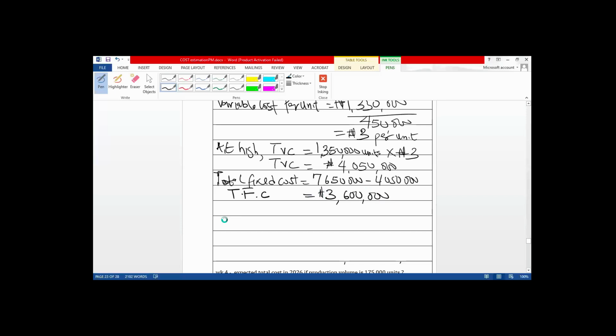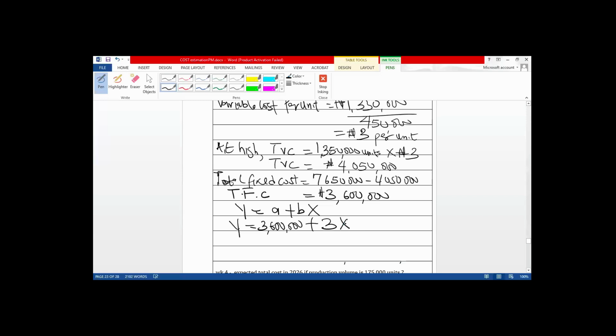Yes, sir. You can now go to your equation. It says estimate the cost equation for 2026. The cost equation is y is equal to a plus bx. Therefore, your estimate is y equals, remove letter a, 3.6 million, plus our b, variable cost per unit, 3x.